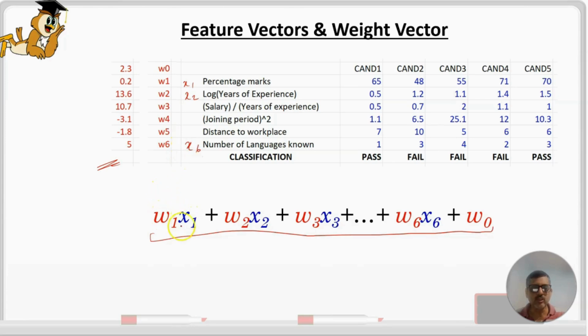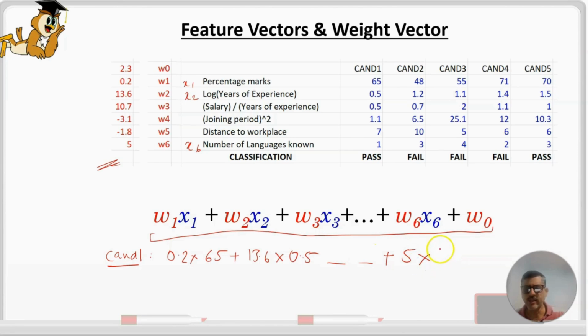So for candidate 1, W1 x1 would be 0.2 multiplied by 65, plus W2 x2 would be 13.6 multiplied by 0.5, and so on and so forth, to 5 multiplied by 1, plus 2.3, right?